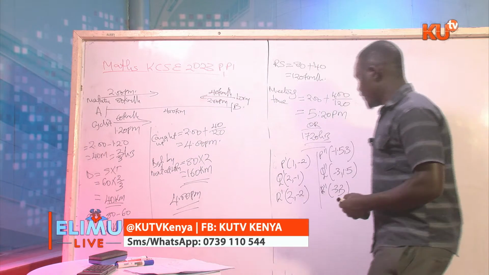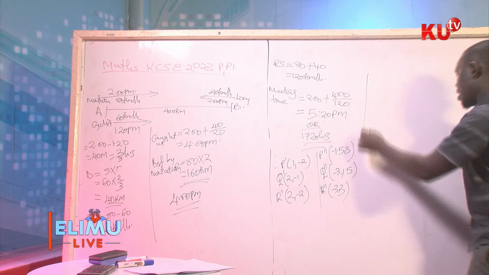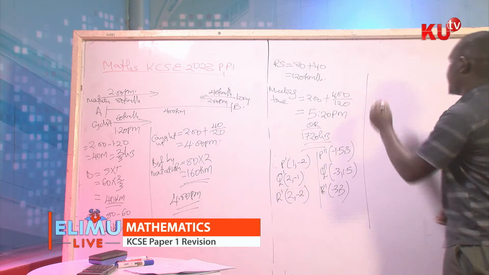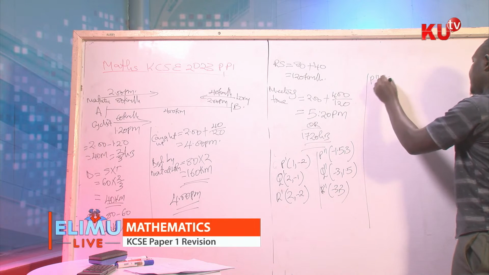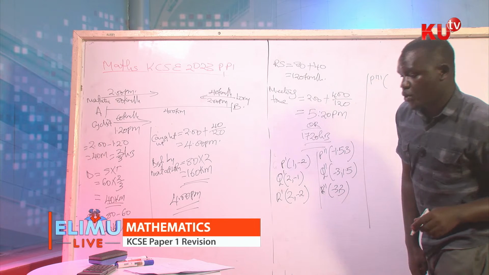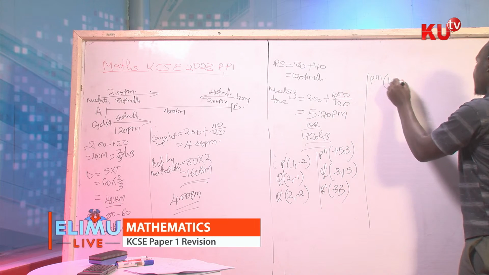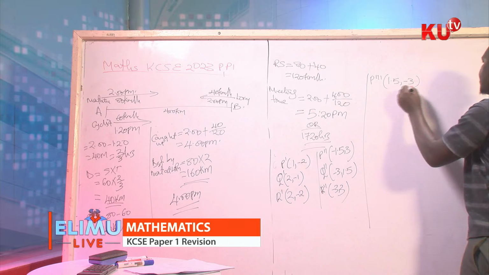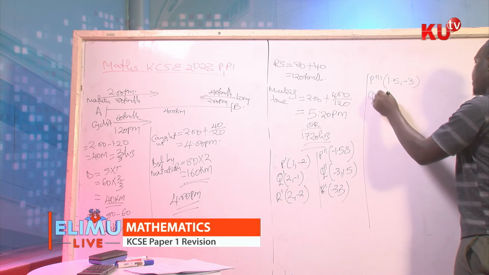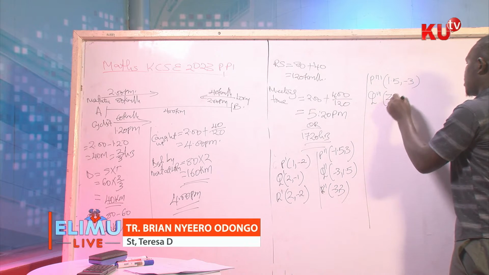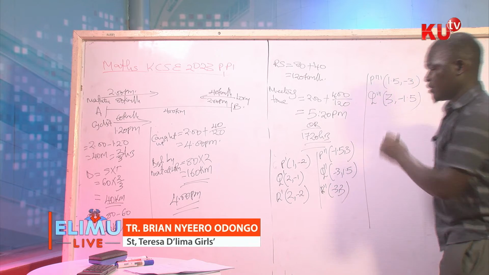So if you do it very, very well, dear students, I'm hoping that you are able to get P triple prime. The coordinates of P triple prime will be 1.5, comma negative 3. Q triple prime, you'll be able to get negative 3, comma negative 1.5.